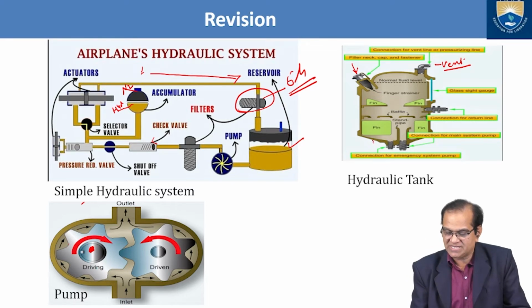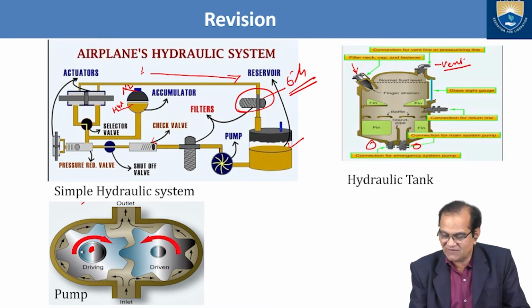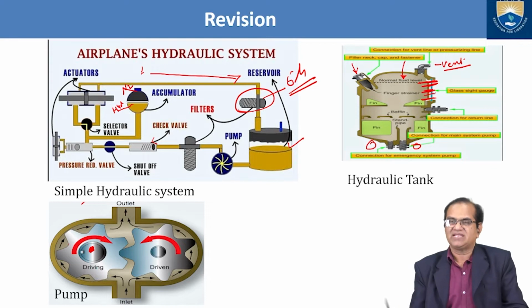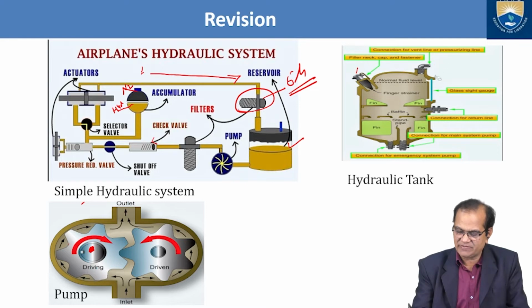So emergency is here and main is here. Like this we have a glass sight, so from here we can see the fluid level. If the level is less than this, we have to fill it, and make sure that it is at the maximum level always. We should try to keep the hydraulic level in the tank as high as possible.